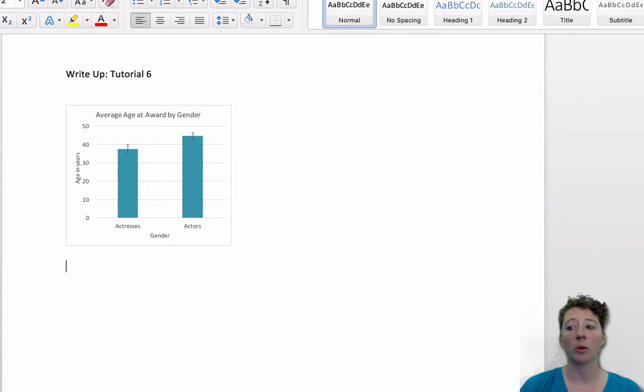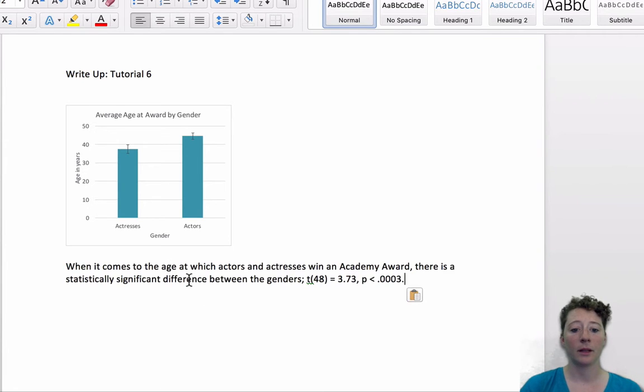So here's how you would report a statistically significant difference. When it comes to the age at which actors and actresses win an Academy Award, there is a statistically significant difference between the genders. And then we report the findings from our inferential statistics test, in this case t-test.